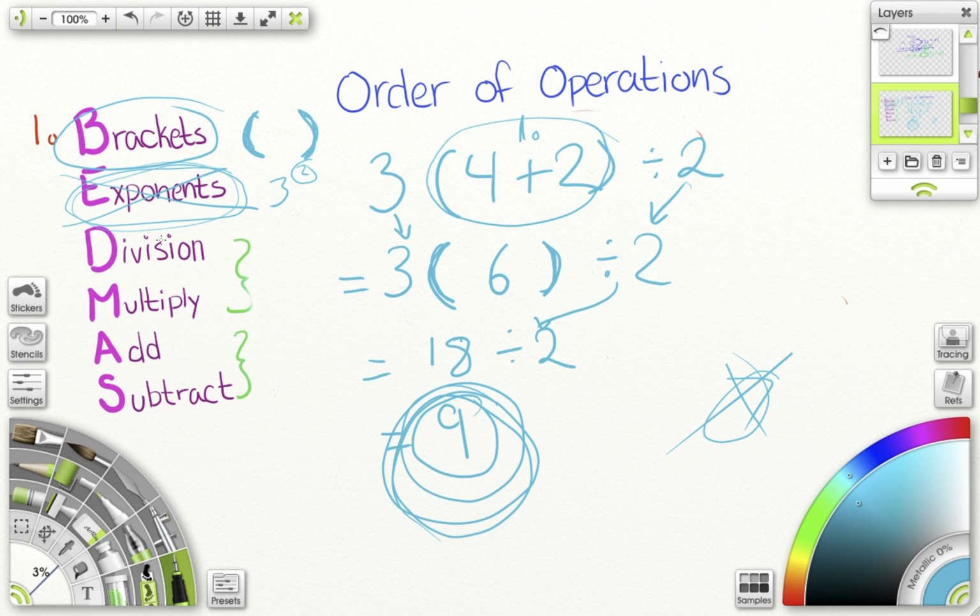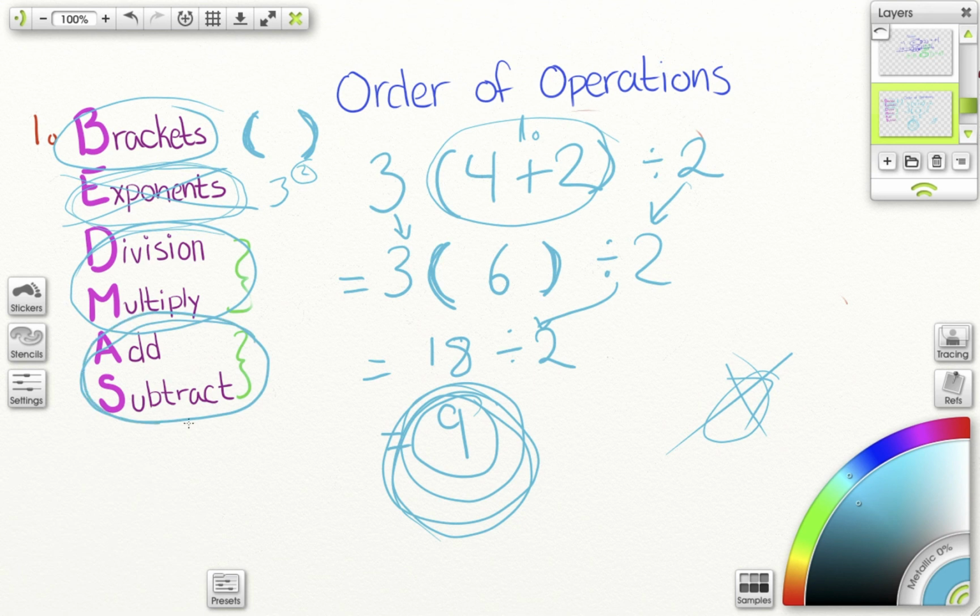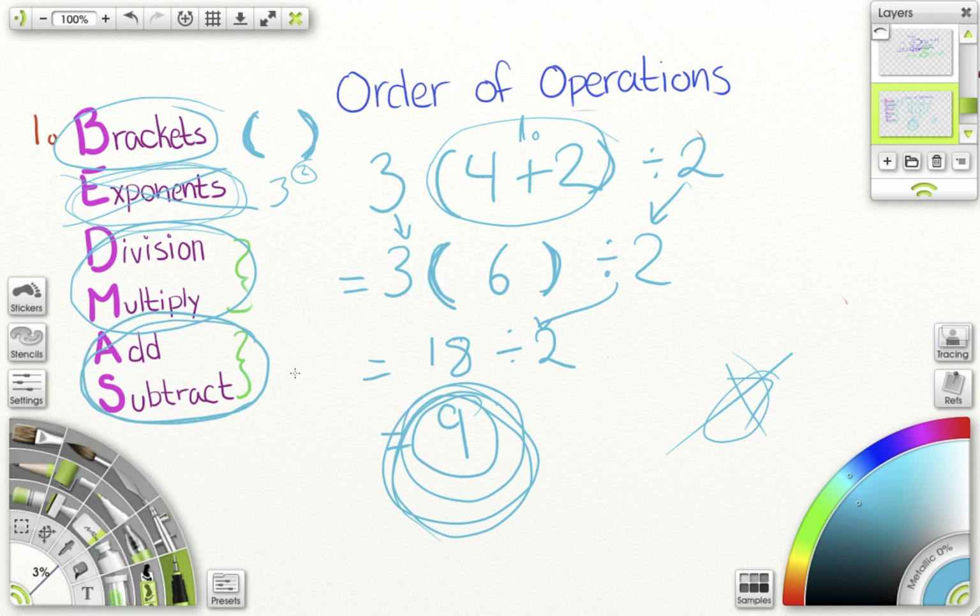Division and multiplication are next. You do these in the order that they appear from left to right. And then your last step is doing adding and subtracting. The same thing, you do those from left to right, in the order that you see them when you're reading the question.